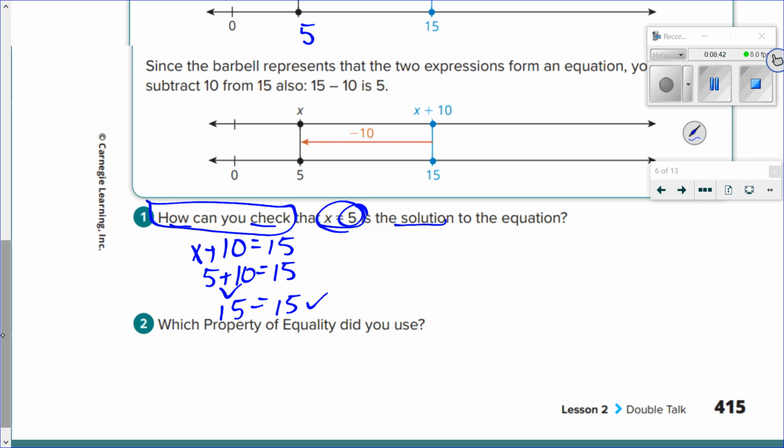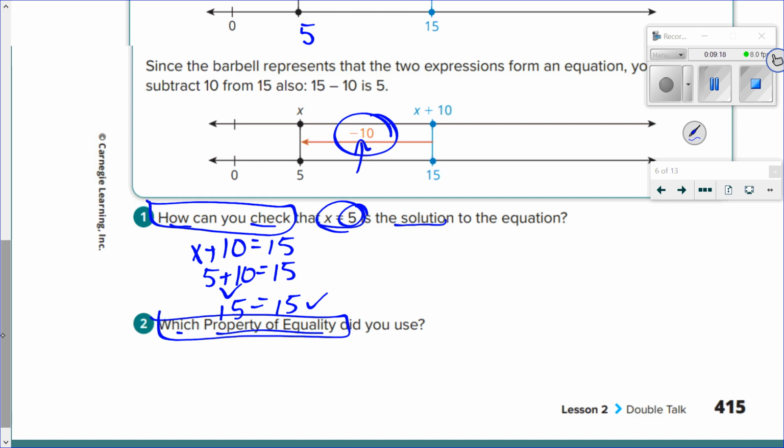Yes. Which property of equality did we use? Subtraction. But how do you subtract it to add? You just add it, but then you say the subtraction. But what property did I use to solve it? Subtraction property of equality.